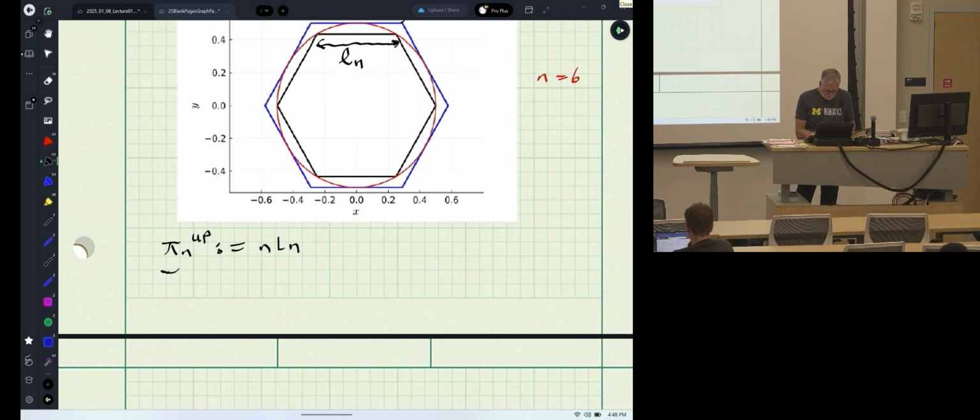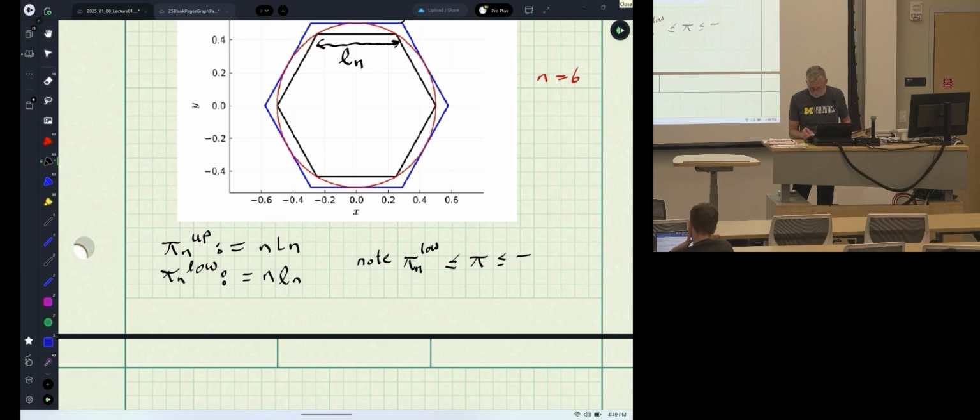I'm going to define pi n low as n times little l n, and then we note that by construction, the way we've done this, pi is greater than or equal to pi n low and less than or equal to pi n upper.